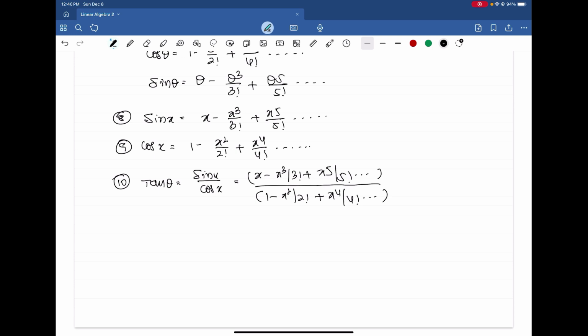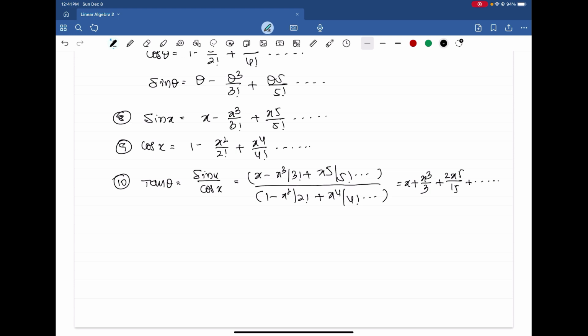Now, sin x by cos x from the above series is like this. This is equal to x plus x cube by 3 plus 2x to the power of 4 by 15 plus and so on. There is one series called Taylor series and another series called Maclaurin series.